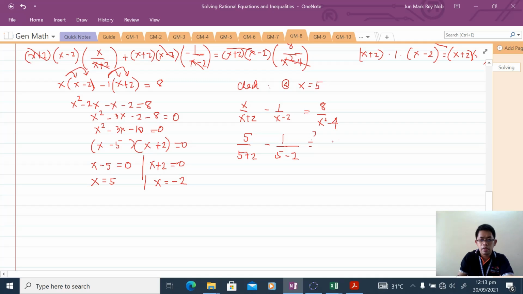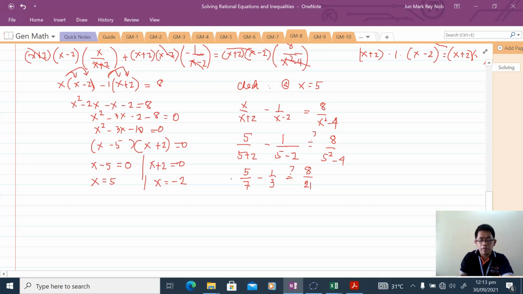Is it really equal to 8 over 5 squared minus 4? This is 5 over 7 minus 1 over 3, since 5 minus 2 is 3. Is it equal to 8 over 25 minus 4? 5 squared is 25, minus 4 is 21.